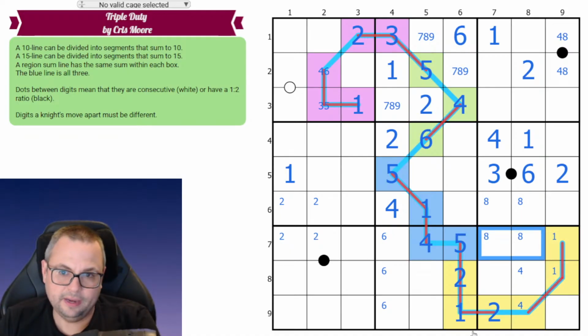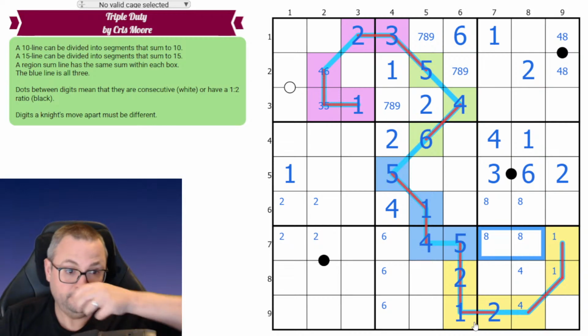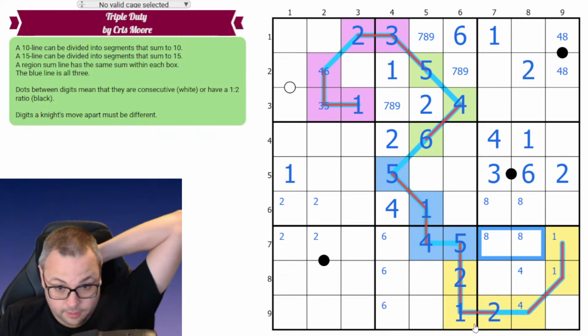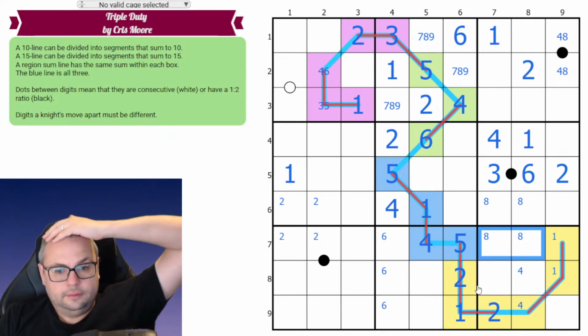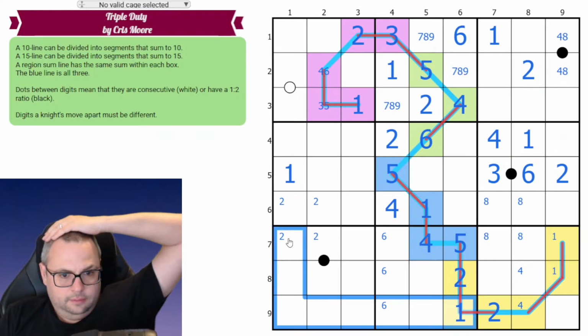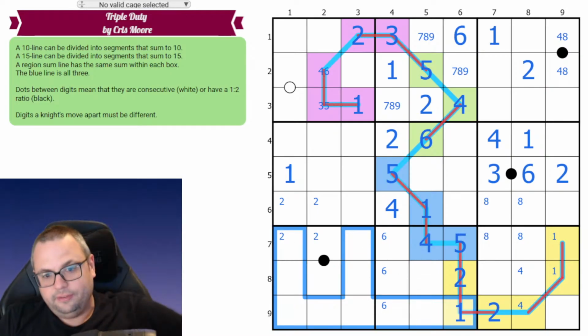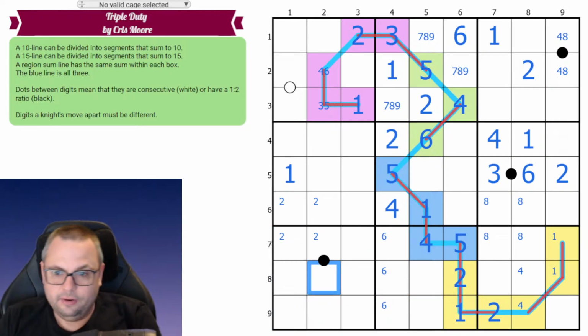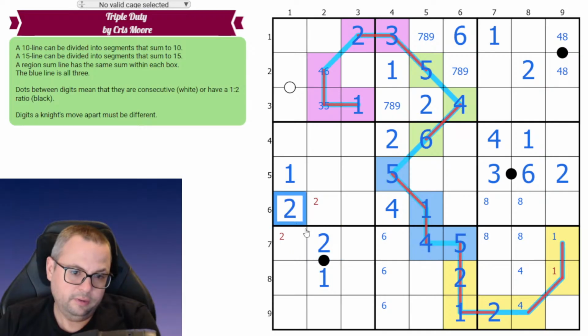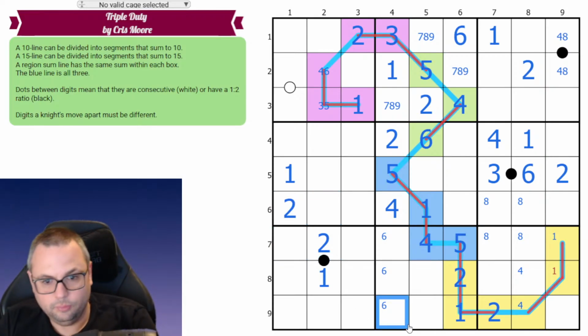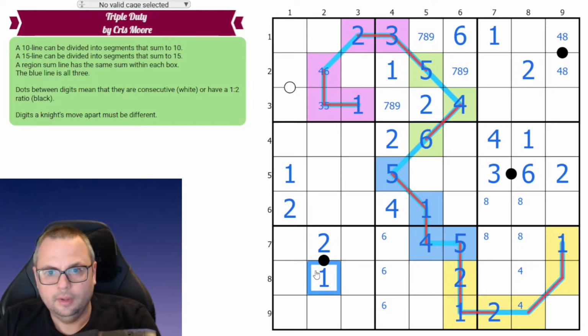So the 8 in this box is in one of these cells. Box 7's 1 is on here, so it goes with a 2, making that a 2 as well, making that a 1 as well.